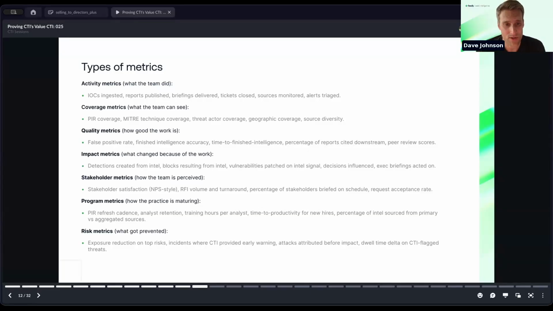And actually, a good metric is taking those activity and coverage ones and relating them to impact metrics, making a ratio, so that you have that counterbalance, a set of metrics that I mentioned before. If you're starting at the beginning and moving down, the farther down you go is more aspirational.